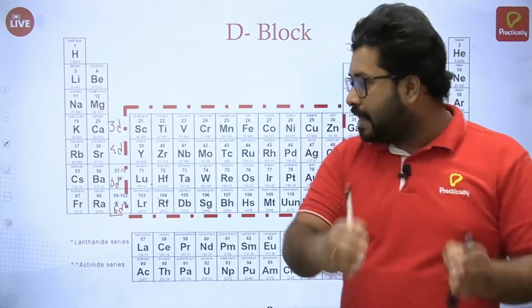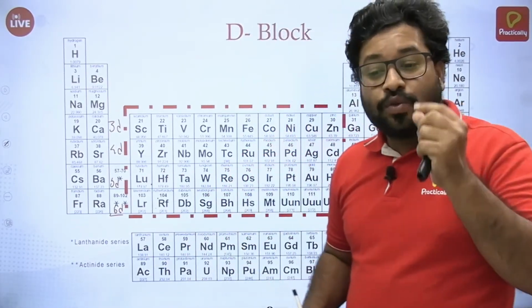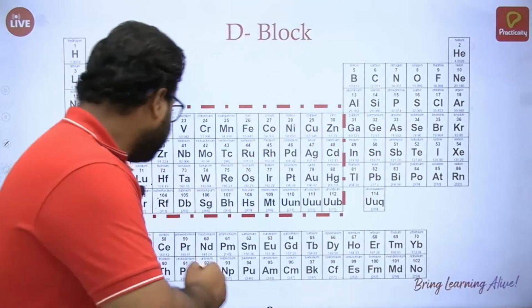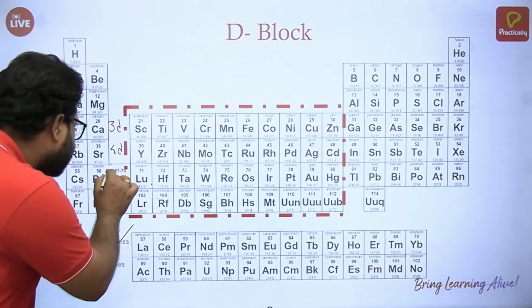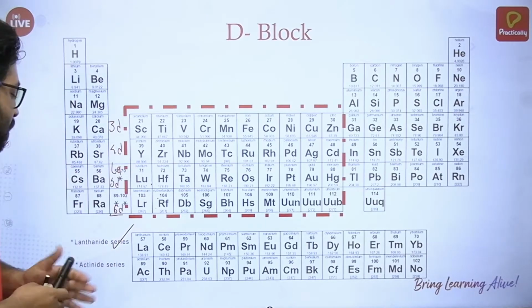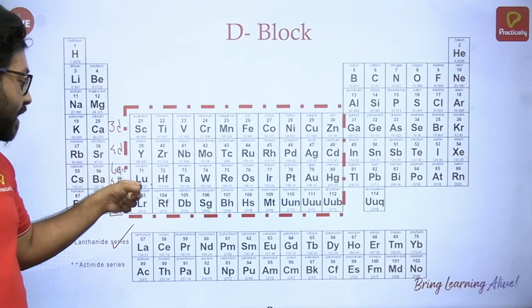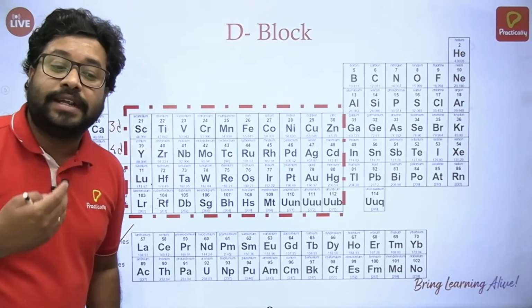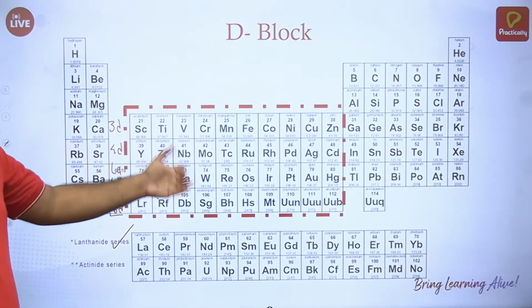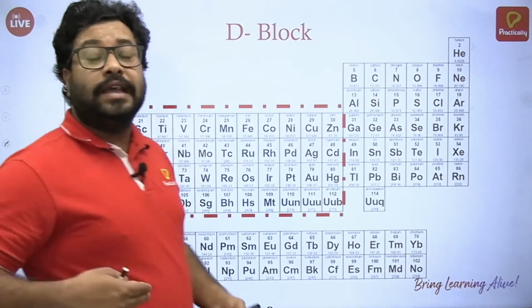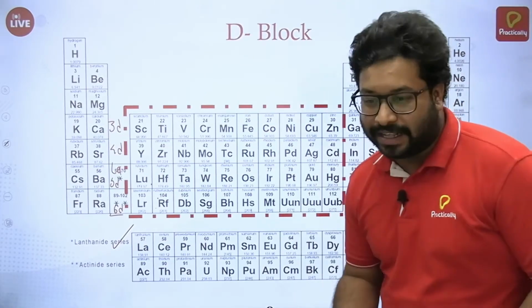Now between lanthanum and lutetium there are 14 elements. See, lanthanum is here, 57. So from 57 to 70 you have these elements, and from 71 your D block elements start again. So lutetium, hafnium, tantalum, tungsten, rhenium, osmium, iridium, platinum, Au, Hg, like that.